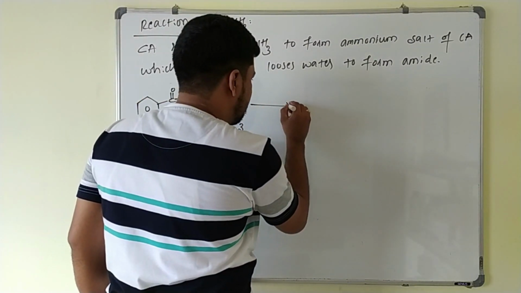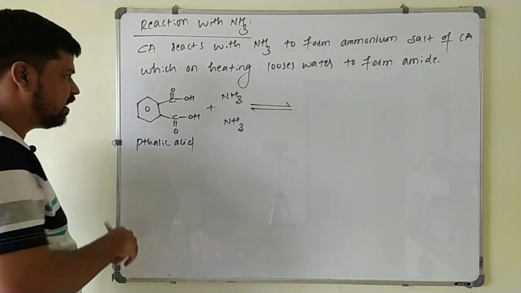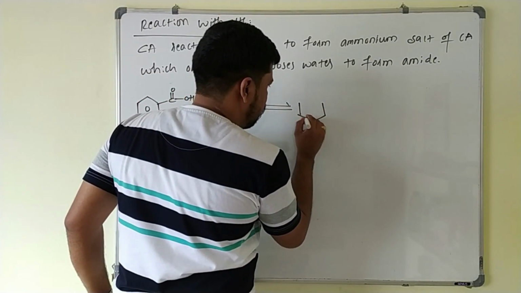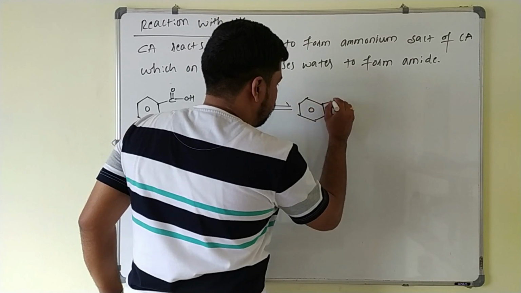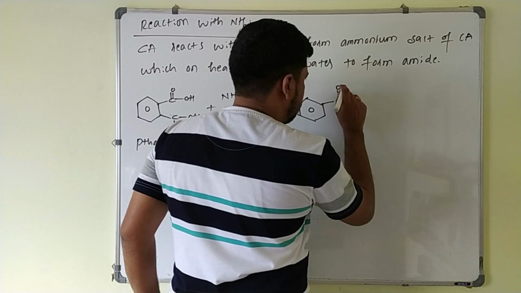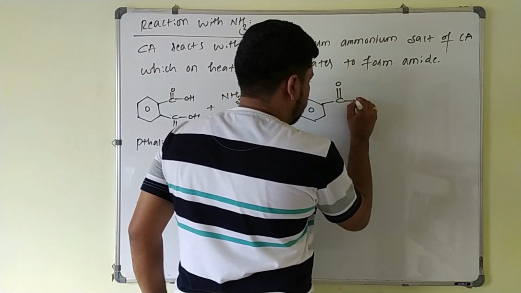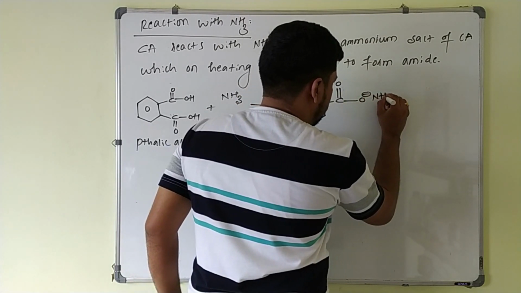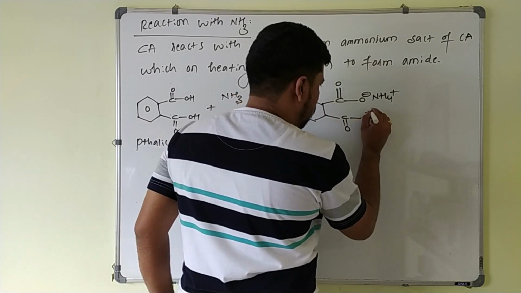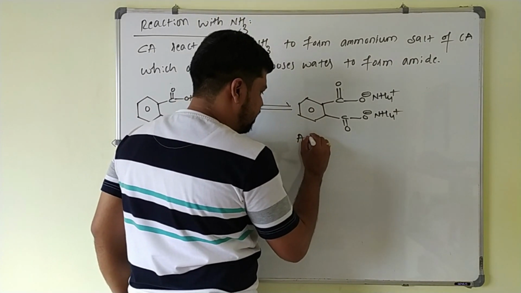So again there is a formation of ammonium salt of phthalic acid, that is ammonium phthalate. C double bond O minus NH4 plus, and this is C double bond O minus and NH4 plus. This is ammonium phthalate.